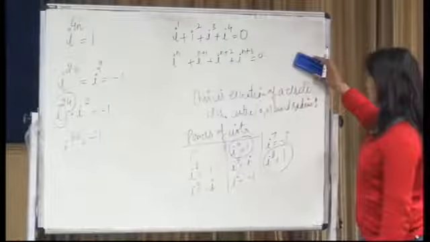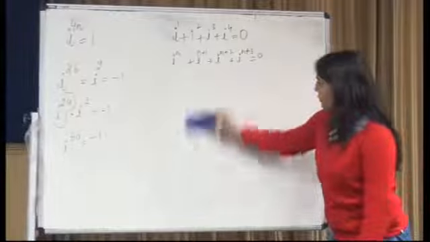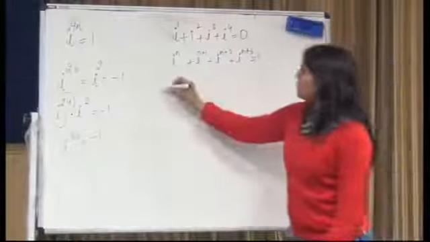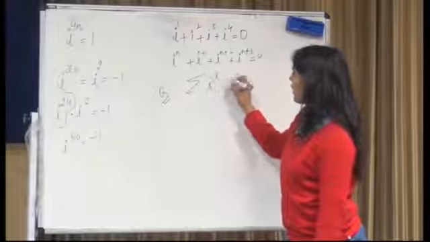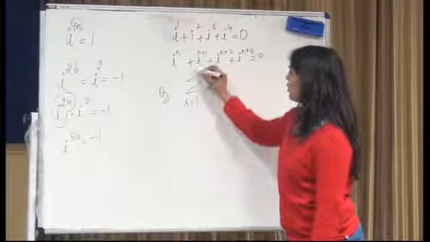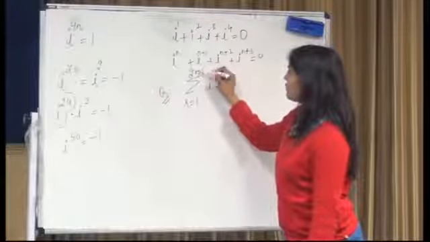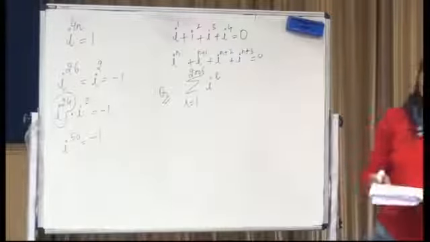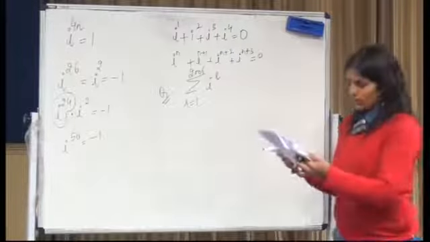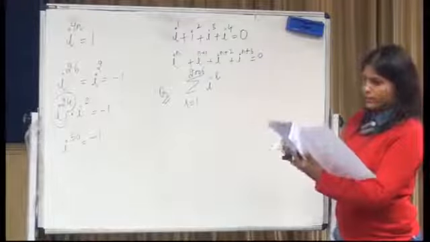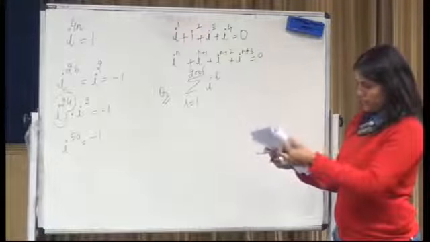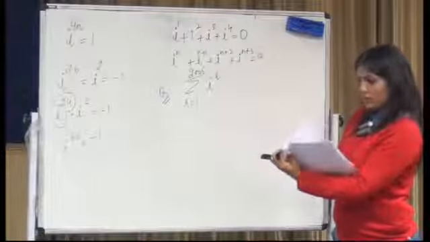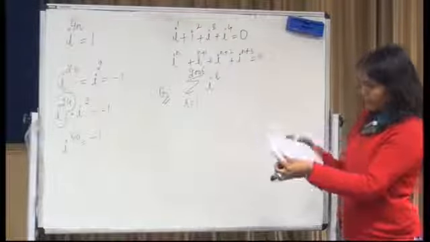Now based on this iota power, I have 2-3 questions, and the very first question is: calculate the sum of iota to the power r, where r is varying from 1 to 2006. So what will be the answer?